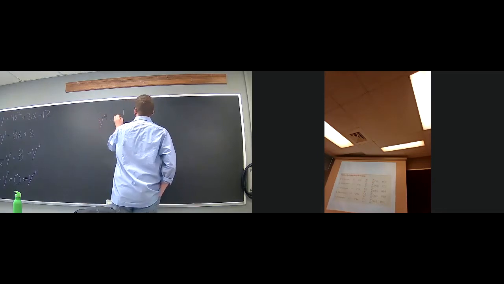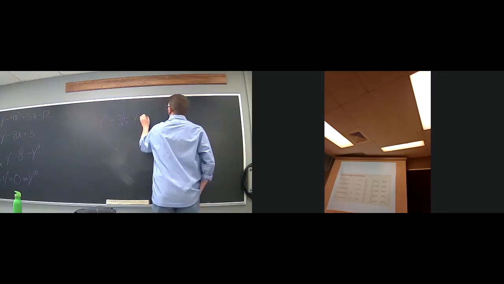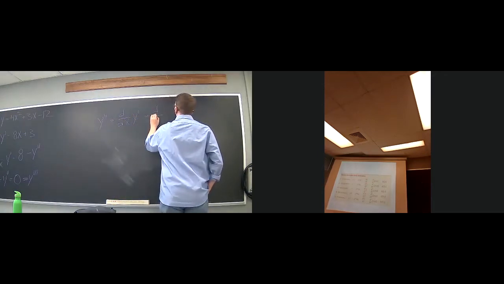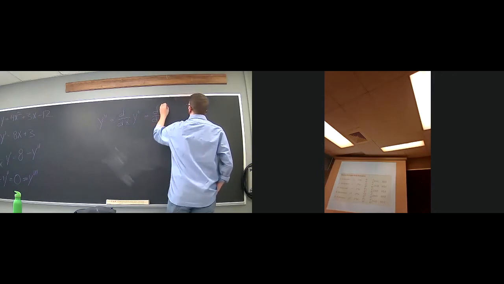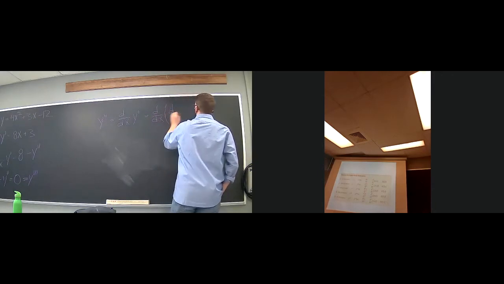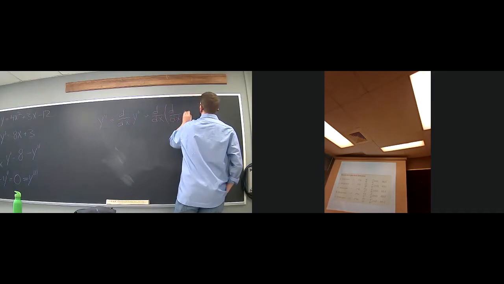Having said that, on some other notation, we've got d/dx or dy/dx, d squared y/dx squared, and so on and so forth, right? Now let's think about why that is. y double prime is equal to d/dx of y prime, which is equal to d/dx of d/dx of y, right?